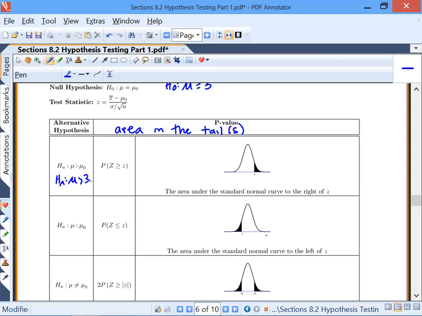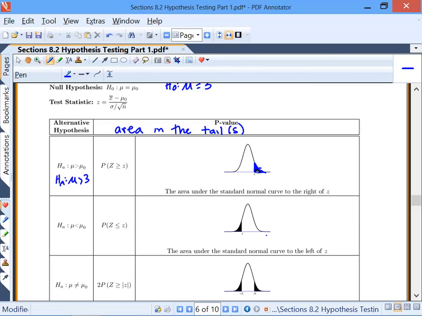If you think your mean is greater than 3, then the higher and higher sample means you get, the further out you go, the more evidence you have against the null hypothesis. So because it's a greater than, we will be looking for the area in the right tail.